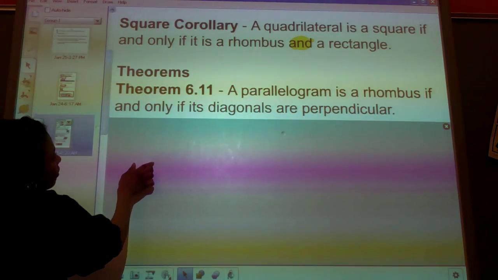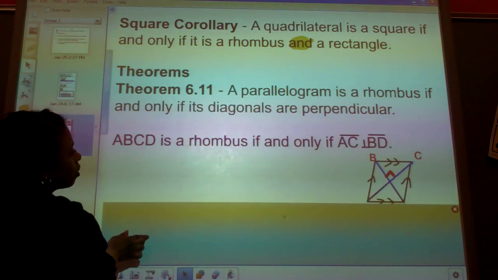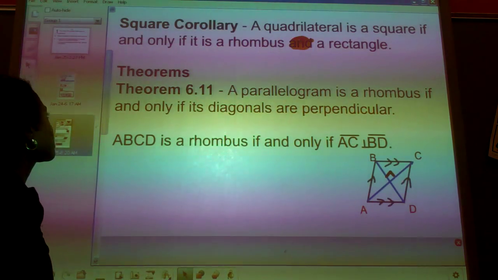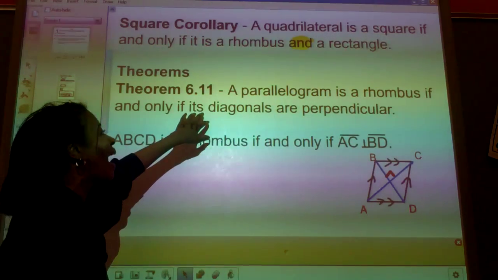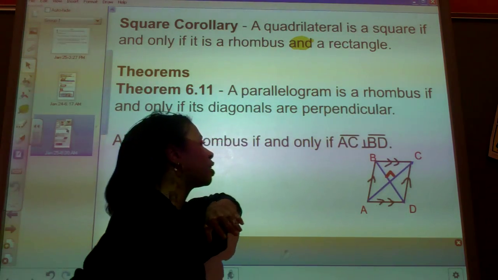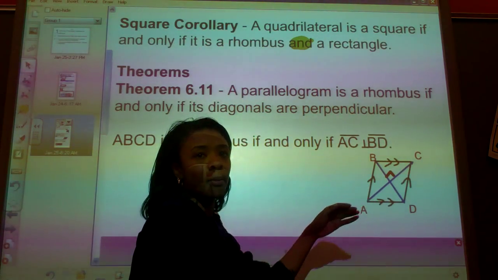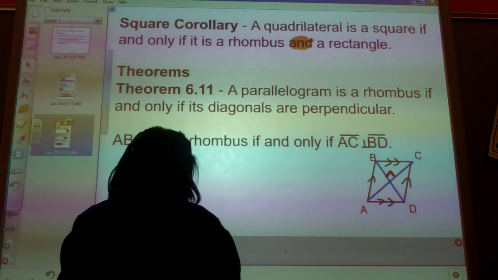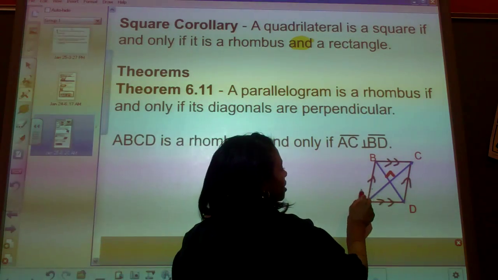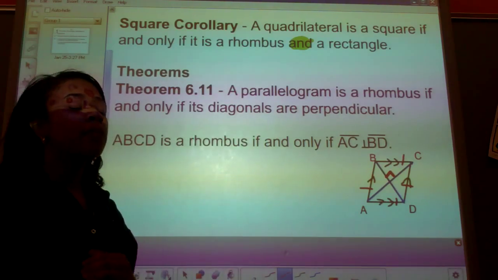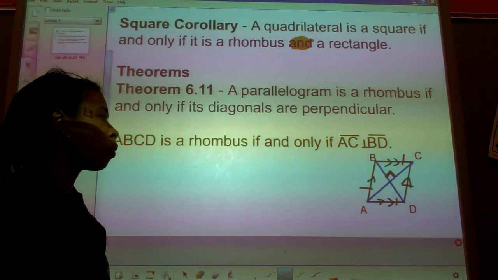Theorem 6.11. A parallelogram is a rhombus if and only if its diagonals are perpendicular. So, if this is going to be a rhombus, remember what a rhombus is? All four sides are congruent on a rhombus. That's the important thing about the rhombus.